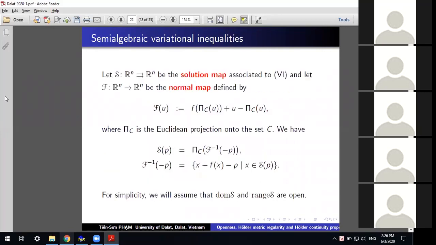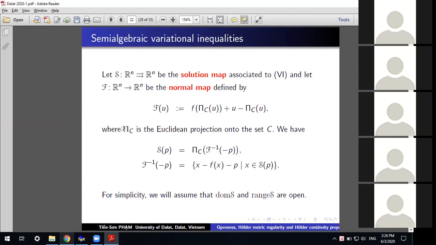Let S, capital S, be the solution map corresponding to the variational inequality, and let capital F be the normal Robinson map, the normal map, defined by this. Here P_C is the Euclidean projection onto the set C. Because C is convex and closed, this function is well defined.